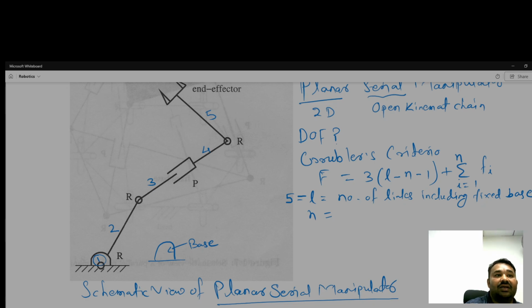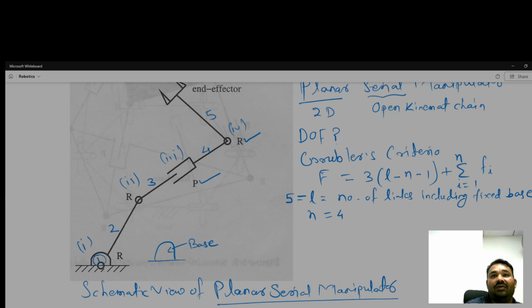Here is one joint, then the second revolute joint, then a third revolute joint, and the fourth one is a prismatic joint. In this way n is equal to 4.